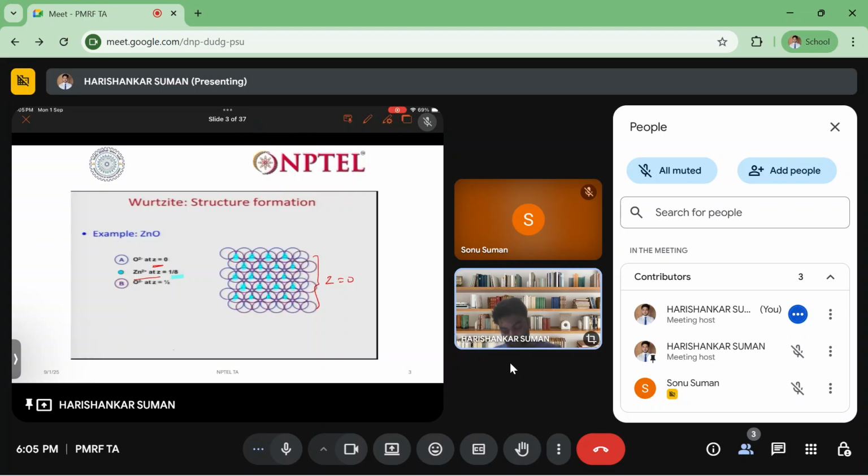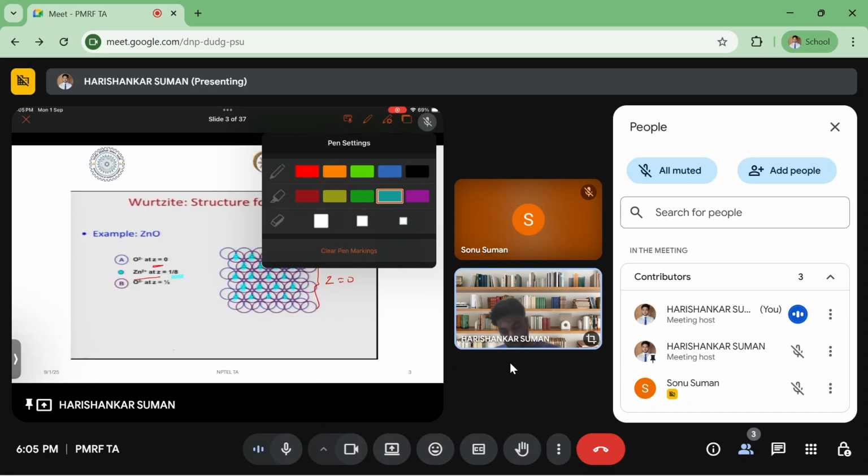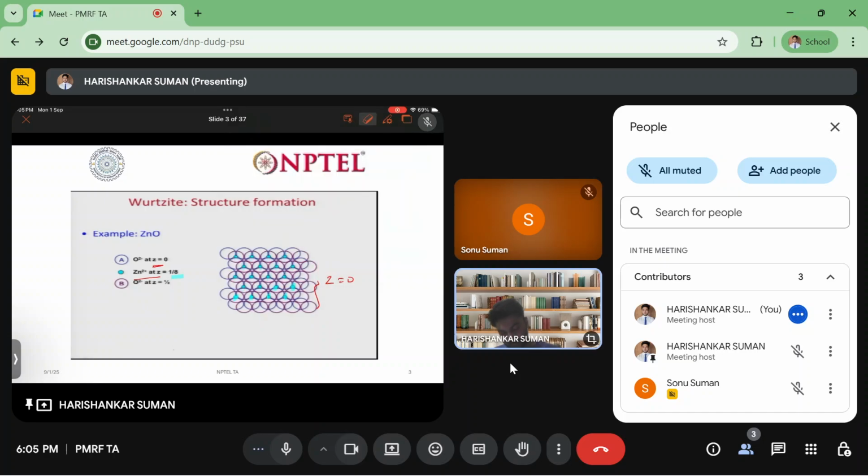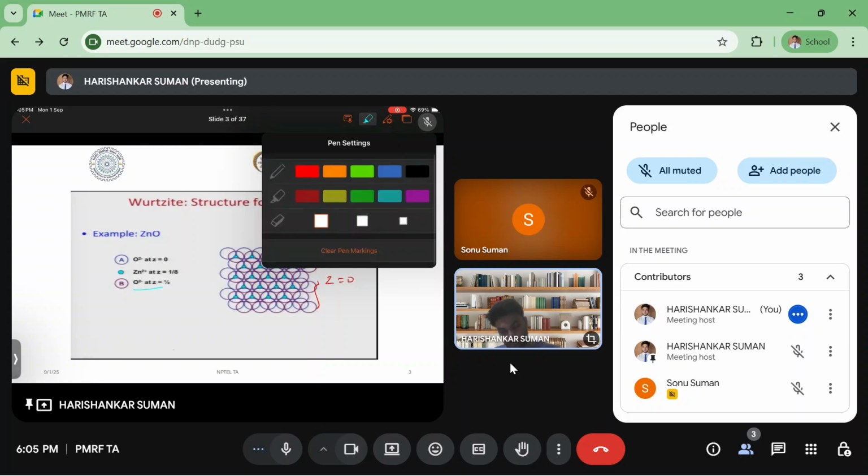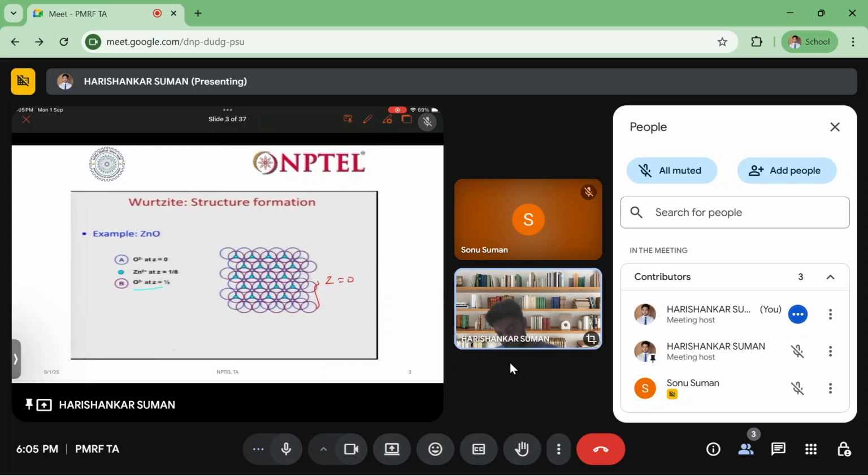Now, the next layer is again O2 negative, which is Z equal to 1/4.